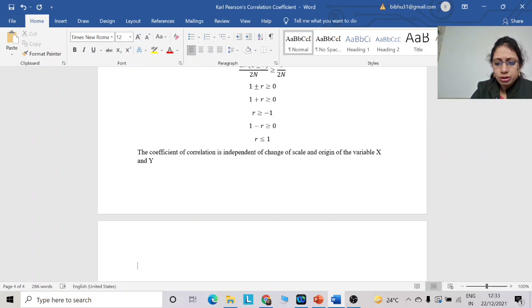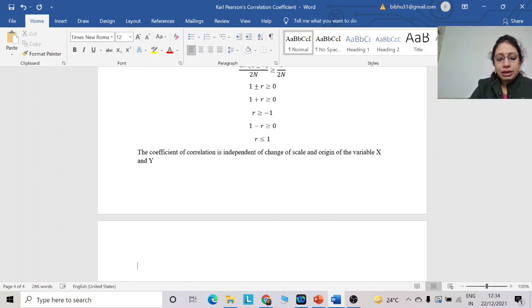So basically what we are saying, if we are dividing or multiplying anything from the variable x and y, and you are subtracting or adding, the value of correlation coefficient is not going to change. So for that, let me prove this one.